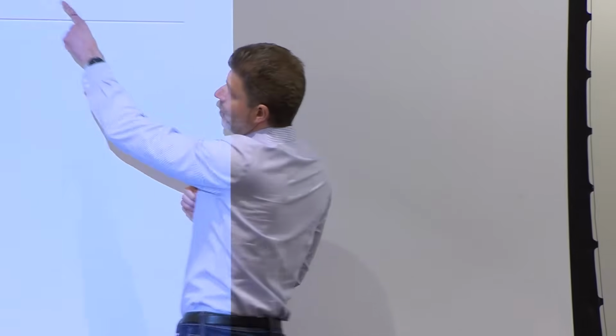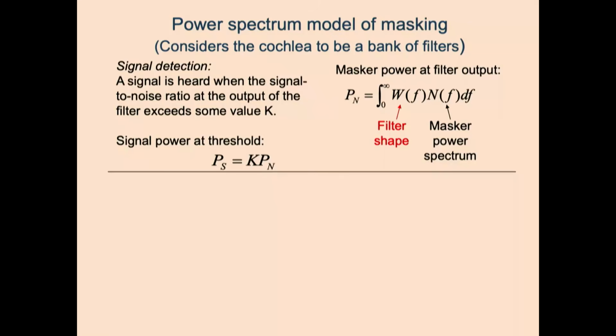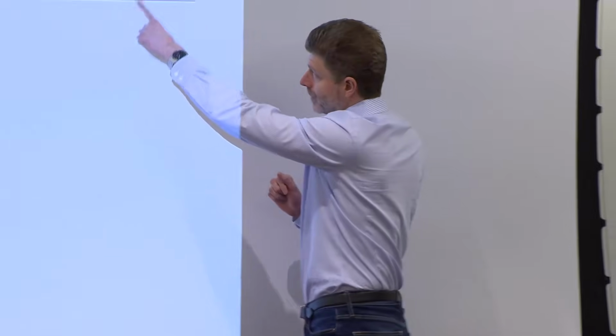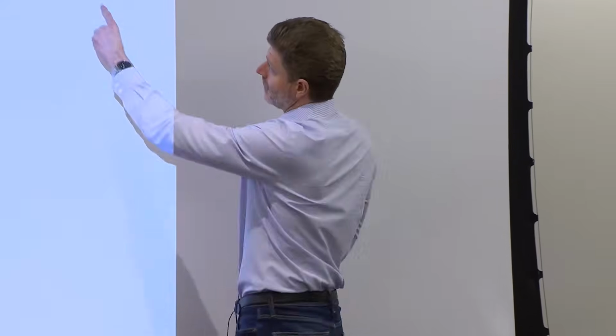The idea is that some amount of the noise gets through the filter, and your ability to detect the tone will depend on the ratio between the power of the tone and the power of the noise heard through the filter that you're using to monitor the presence of the tone. So we assume there is a filter characterized by a shape. The masker is a noise signal characterized by some spectrum.